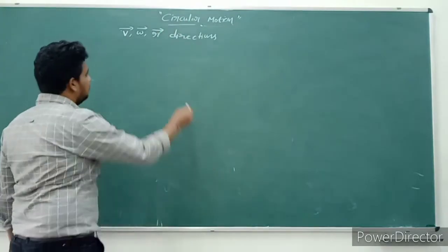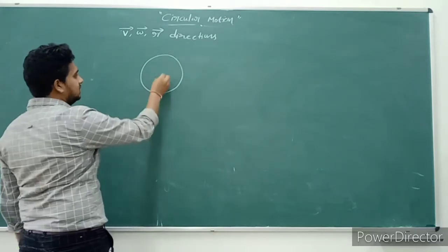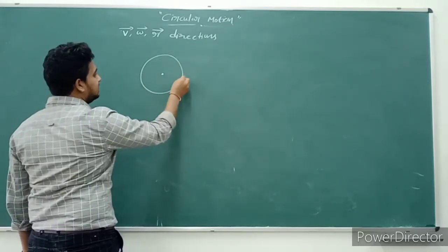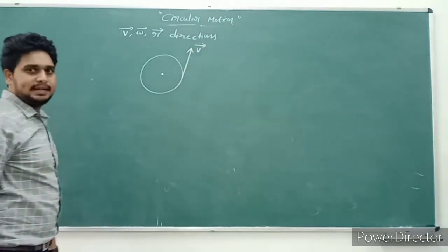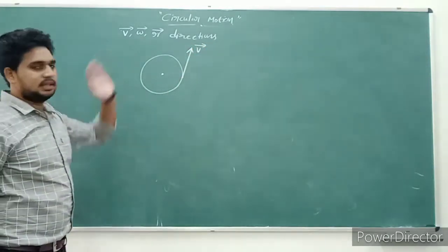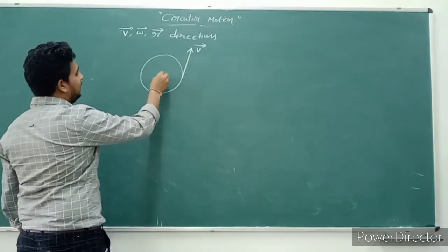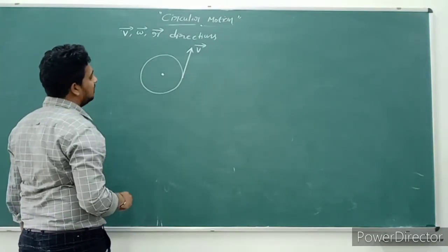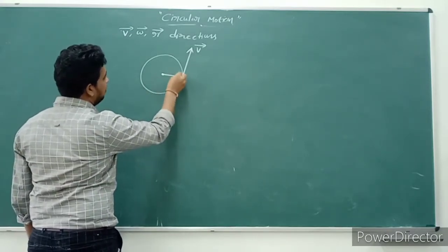First observe carefully: this is a circle, and this is the center. The velocity direction is indicated in this direction, because velocity always acts tangential to the circle. Now, how do we indicate the direction of angular velocity? This is the direction of the radius.